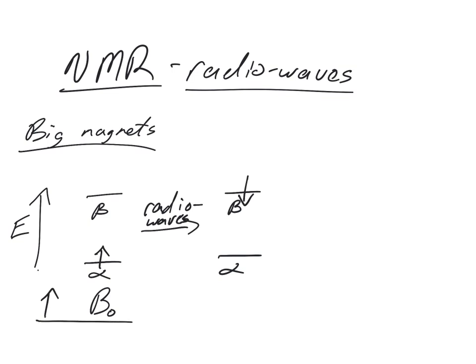So the radio waves take a molecule and make it go from the alpha state to the beta state, against the magnetic field. And then eventually it relaxes, it absorbs some energy, it relaxes, and that is what we actually measure. Eventually it goes back in line with the magnetic field, and we can measure at this point.